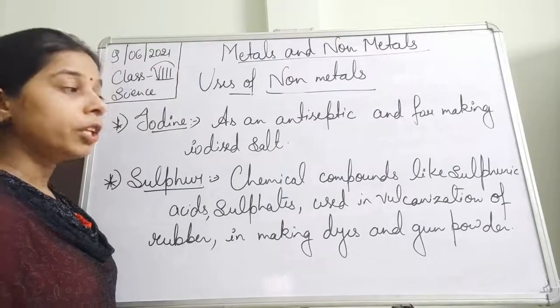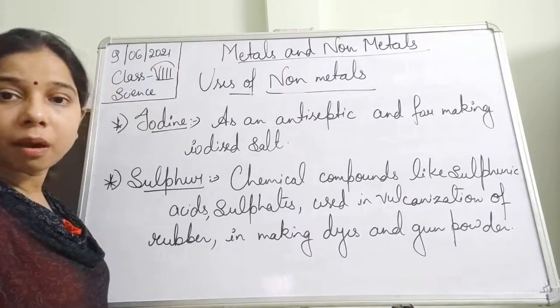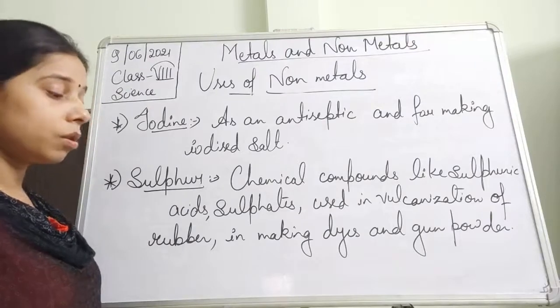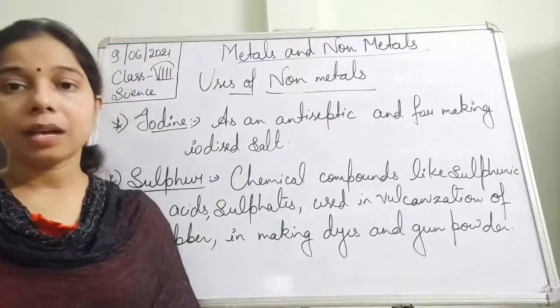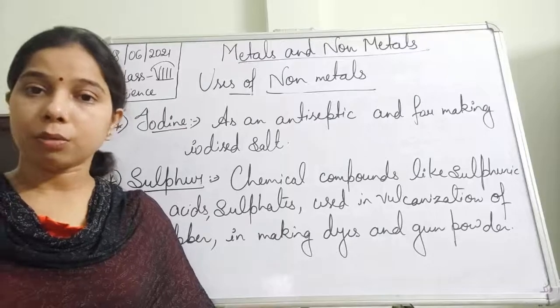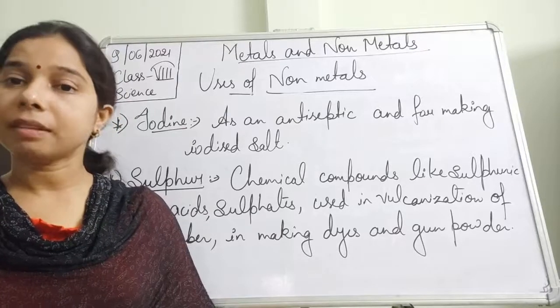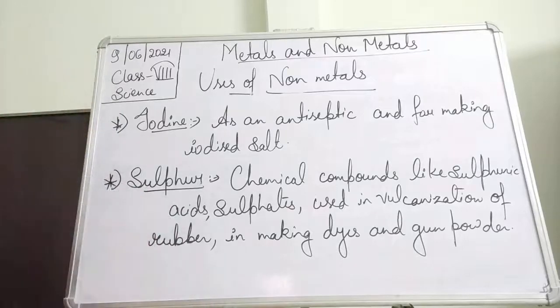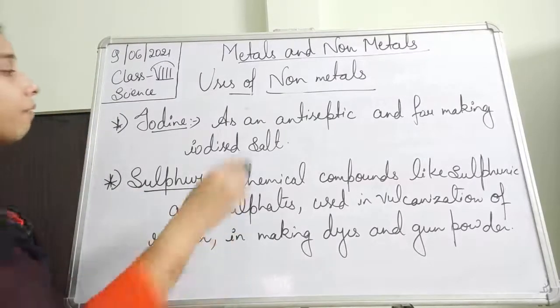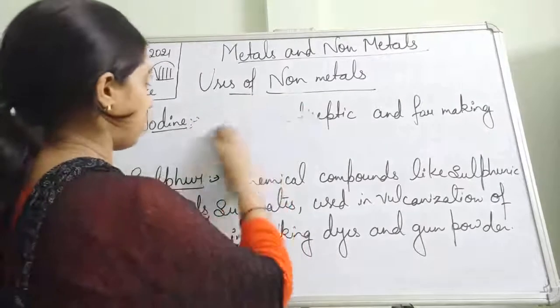Sulfate is there, used in the vulcanization of the rubber. Finally, it is also used in making dye as well as in making gunpowder. So these are some of the uses of the sulfur. Moving on, we will see the uses of nitrogen.